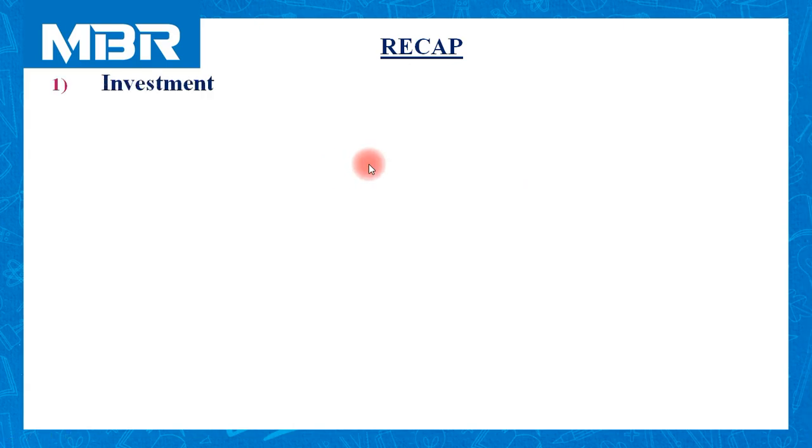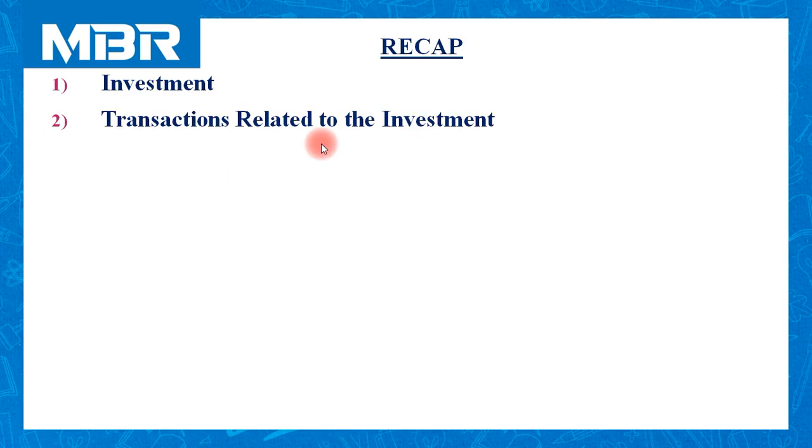The first concept that I have discussed with you is all about investment. Second, we have discussed there are three types of transactions related to the investment, that is buying, selling and holding.